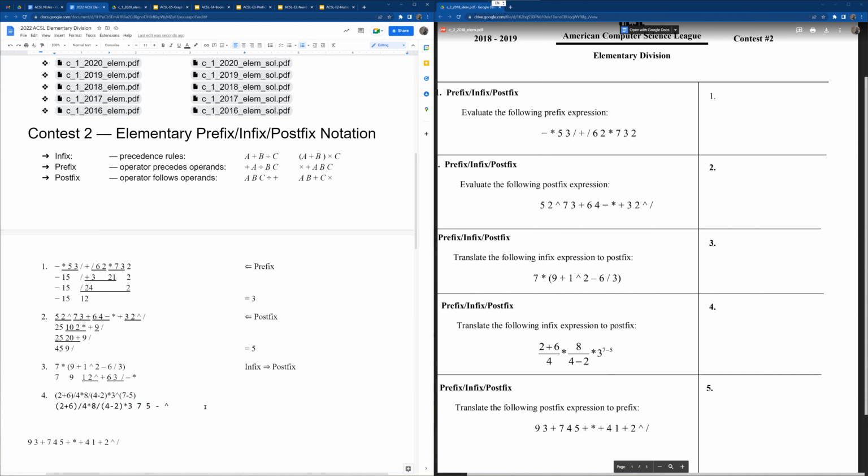We can do this. This subtraction, we can do that, right? And once we did the subtraction, we can do this multiplication.